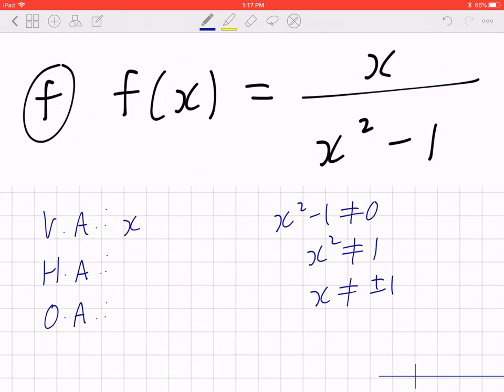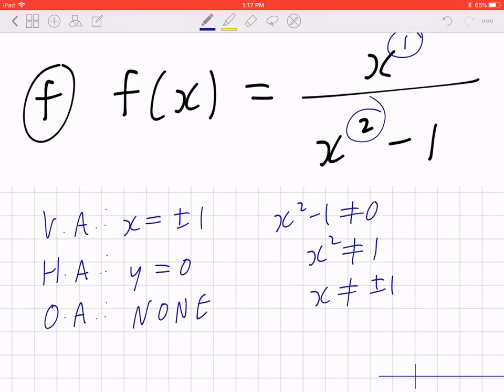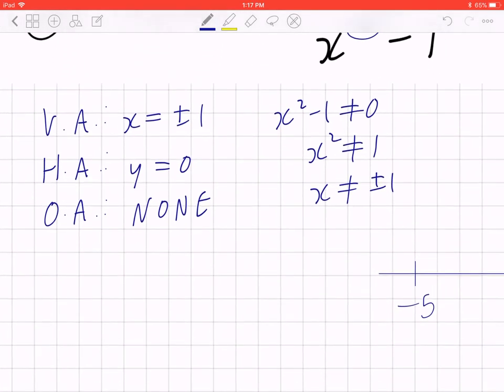Because of this, the vertical asymptotes are located at x = ±1. Likewise, the bottom has a larger exponent than the top, which means there is a horizontal asymptote at y = 0, which implies there will be no oblique asymptotes.